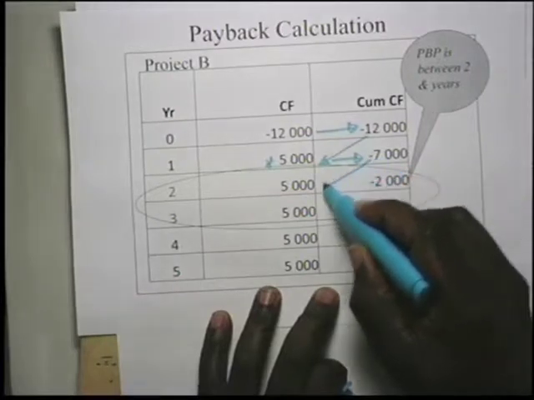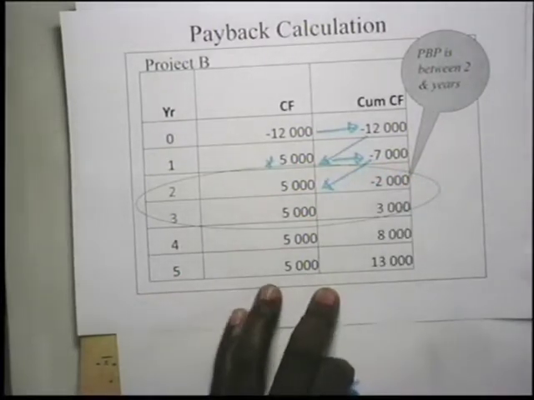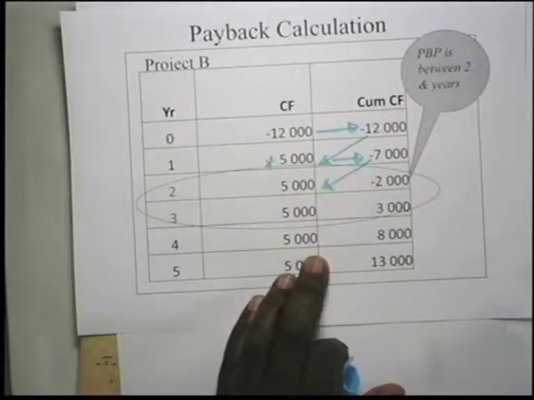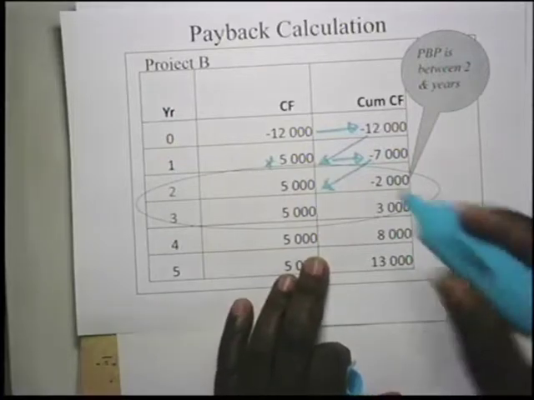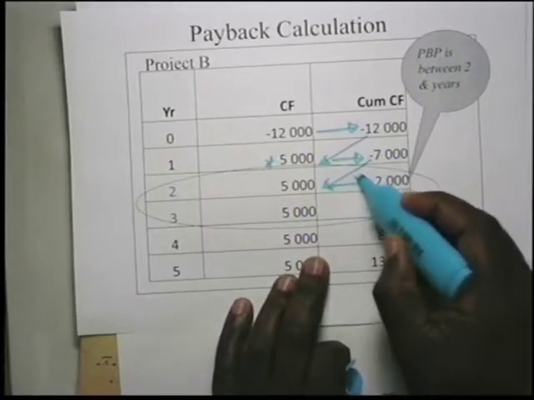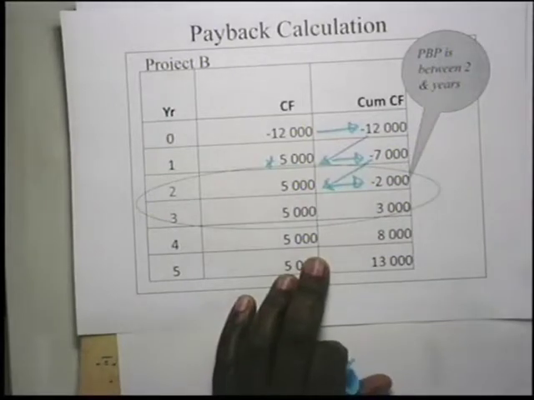We add again the cash inflow, which is positive, that we get in year 2. What does that give us? It leaves us with a negative 2,000. It means the project is yet to pay us the remaining 2,000 for it to fully recover the 12,000 that was invested in it initially.